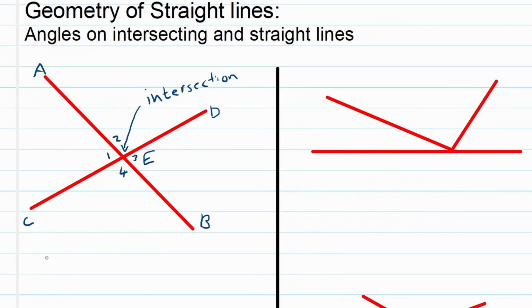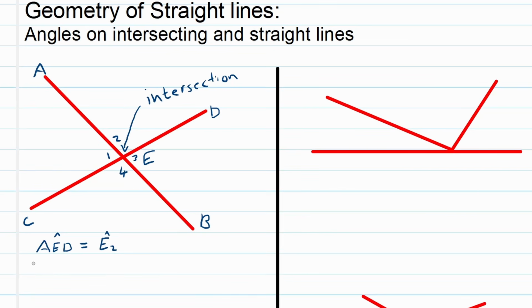But just for you to get used to the names, we can also refer to an angle A, E, D, like this. And in this diagram, that will be the angle called E2. So both of these names are perfectly fine.